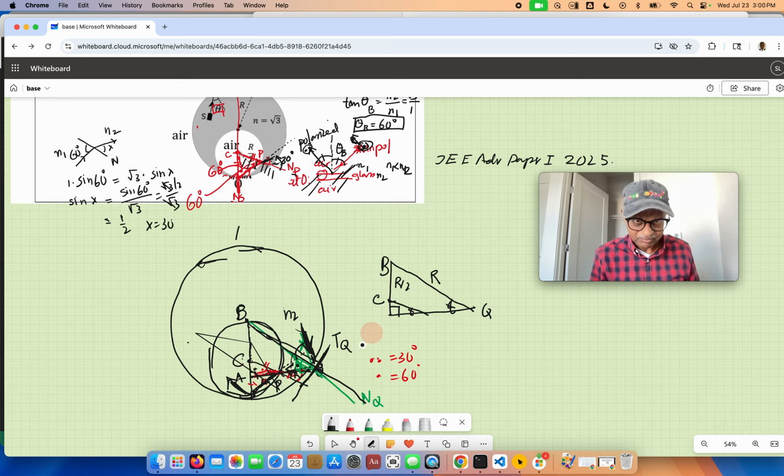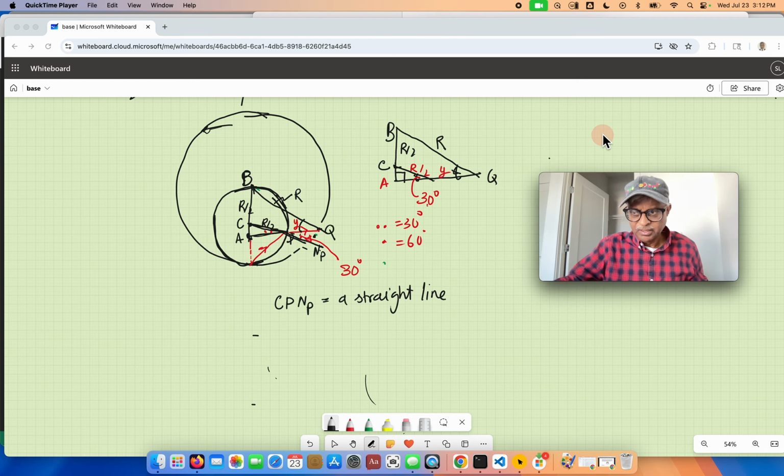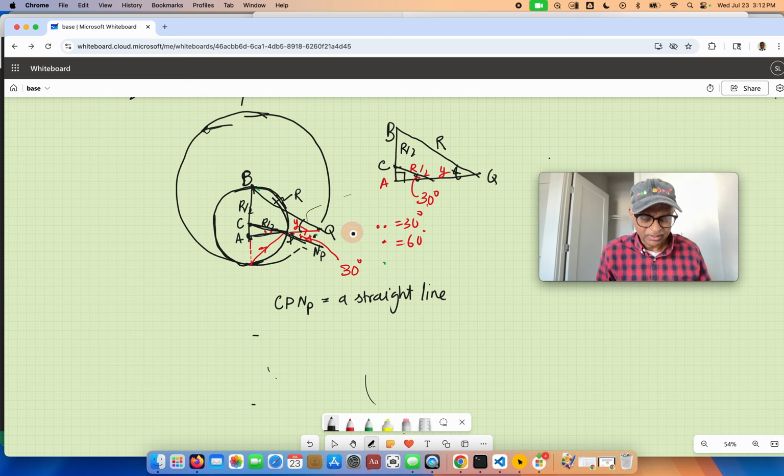Let me clean it up and then I'll draw it again. Okay, so in a separate drawing I cleaned up a little bit, and so now it should be more clear.